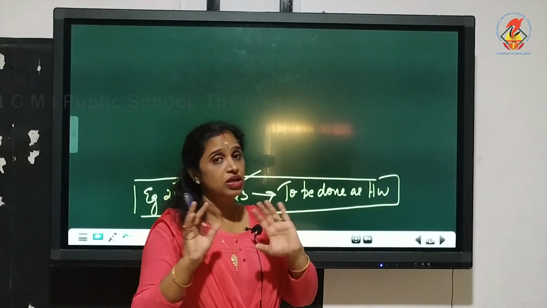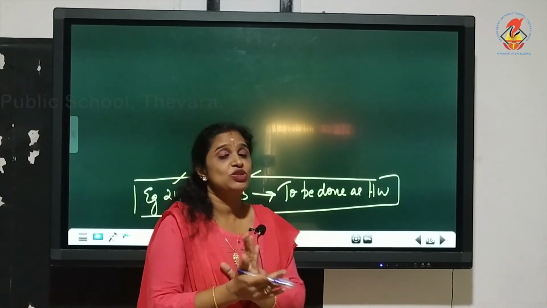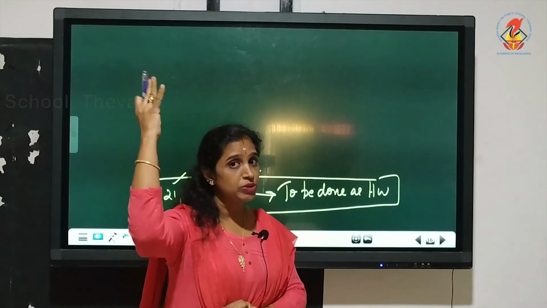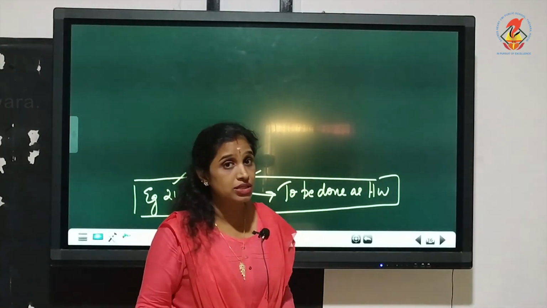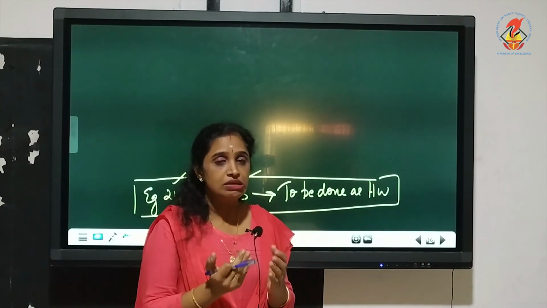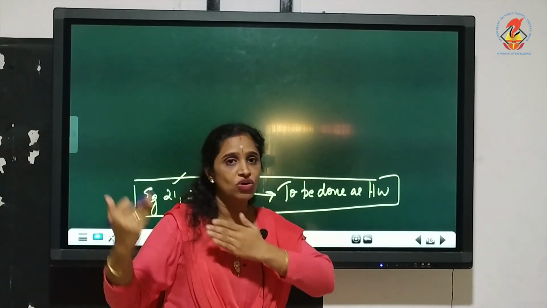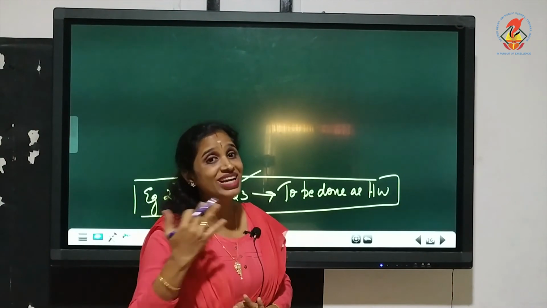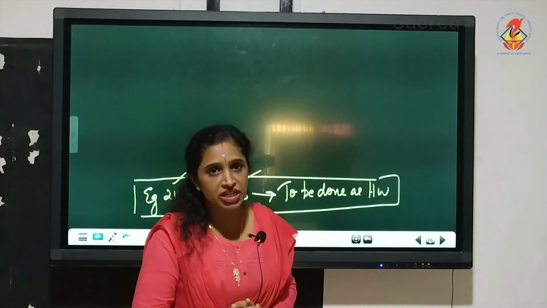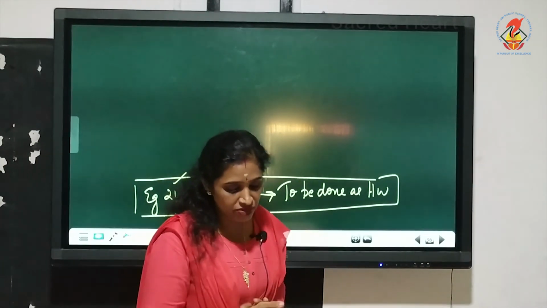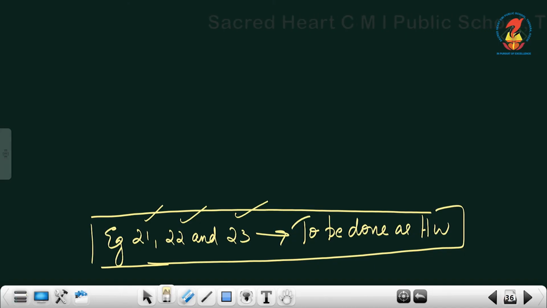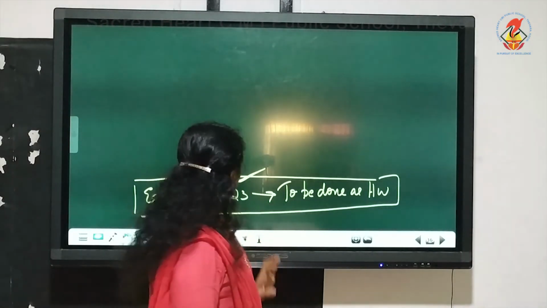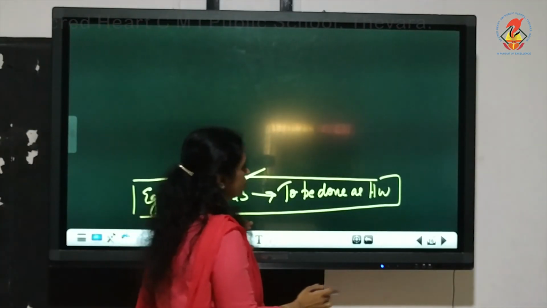It brings together all the concepts we have learned in this chapter from the beginning: AD is equal to C plus I, AS is equal to C plus S, MPC, everything given together to help you recollect what you have already learned. So you have to solve the table, which is example 22, and then examples 21 and 23. All three have to be done as homework.